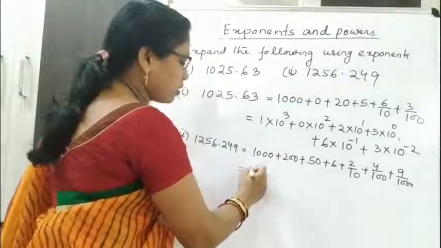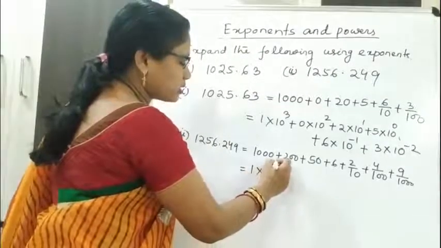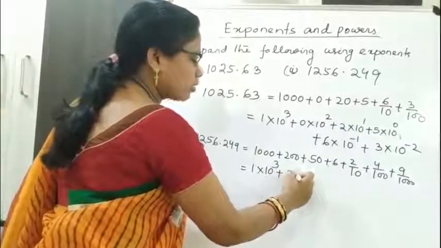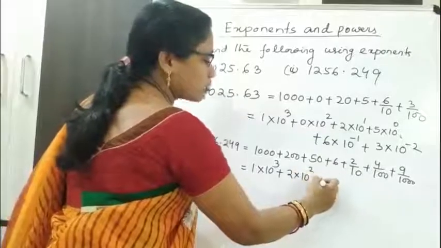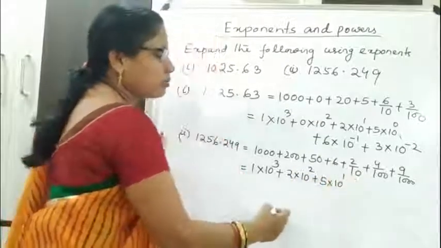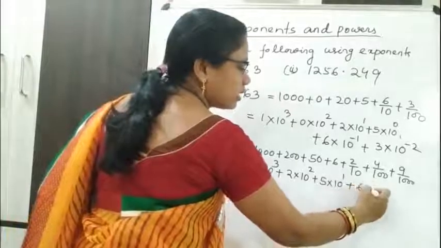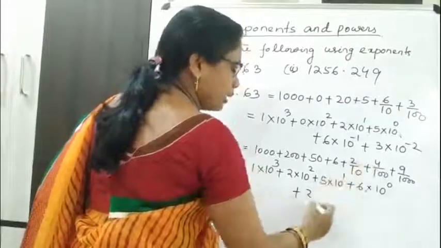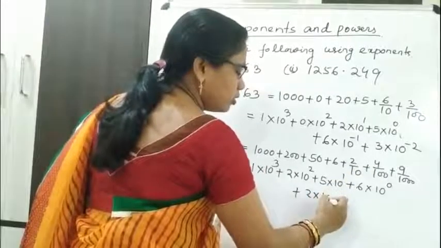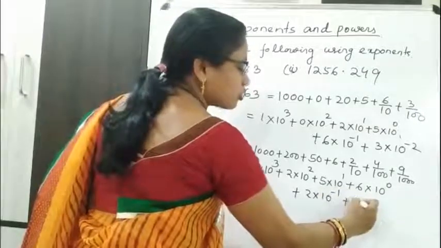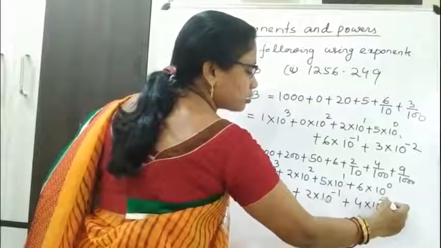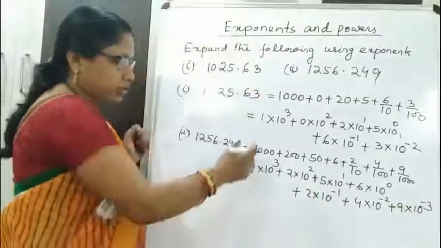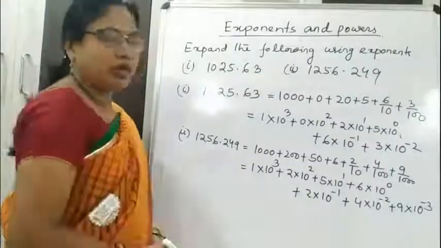Then in exponential form, 1 into 1000, that is 10 to the power 3 plus 2 into 100, that is 2 into 10 to the power 2 plus 5 into 10, that is 10 to the power 1 plus 6 into 1, this is 10 to the power 0. So plus 2 into 1 by 10, so this is equal to 2 into 10 to the power minus 1 plus 4 into 10 to the power minus 2 plus 9 into 10 to the power minus 3. So in this way you can expand by using exponents.